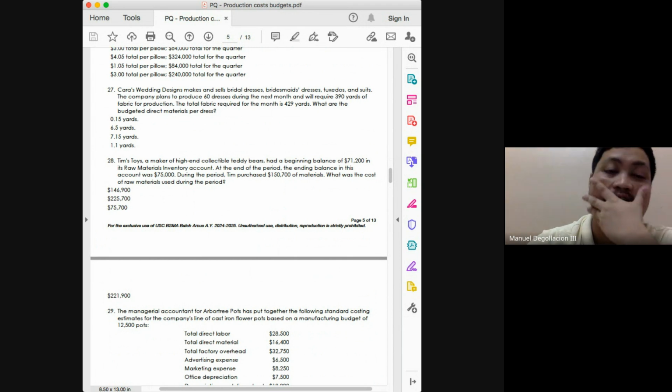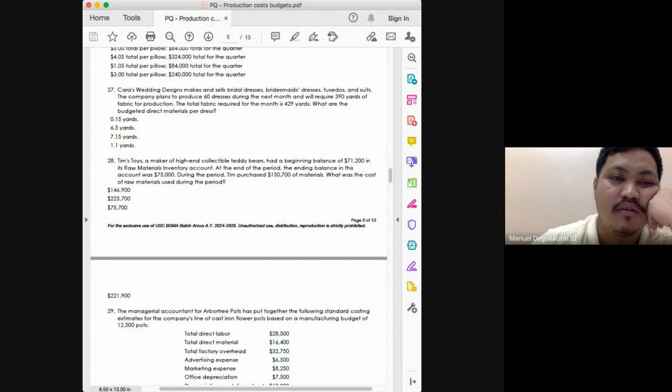The 429 obviously takes into account already the targeted ending inventory for your materials. But on a per dress, per unit basis, you just need the 390 and the 60 for which the 390 will be used.